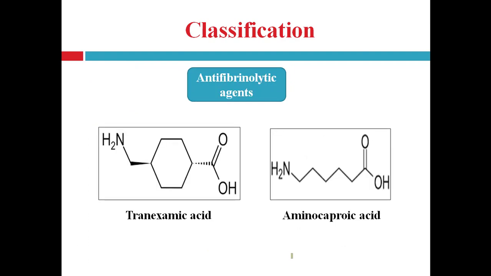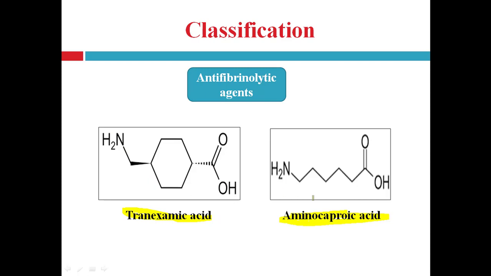Then the second class, that is antifibrinolytic agents. Examples are tranexamic acid and aminocaproic acid, right? Here tranexamic acid contains a cyclohexane ring, simply, cyclohexane ring having an amino group in side chain as well as a carboxylic acid group, right?